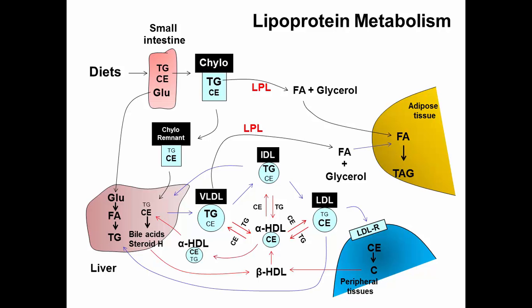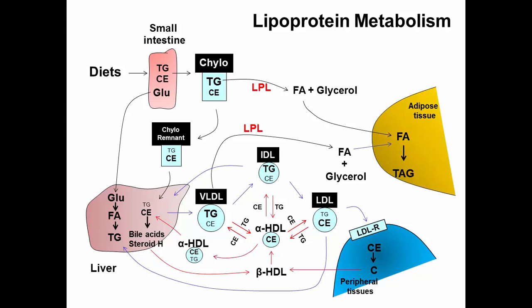So you see you have less triglyceride because a lot of triglyceride is picked up by the adipose tissue. So IDL then becomes the LDL. Most of IDL actually is picked up by the liver, right? And then you lose a lot of triglyceride in IDL and it becomes the LDL.